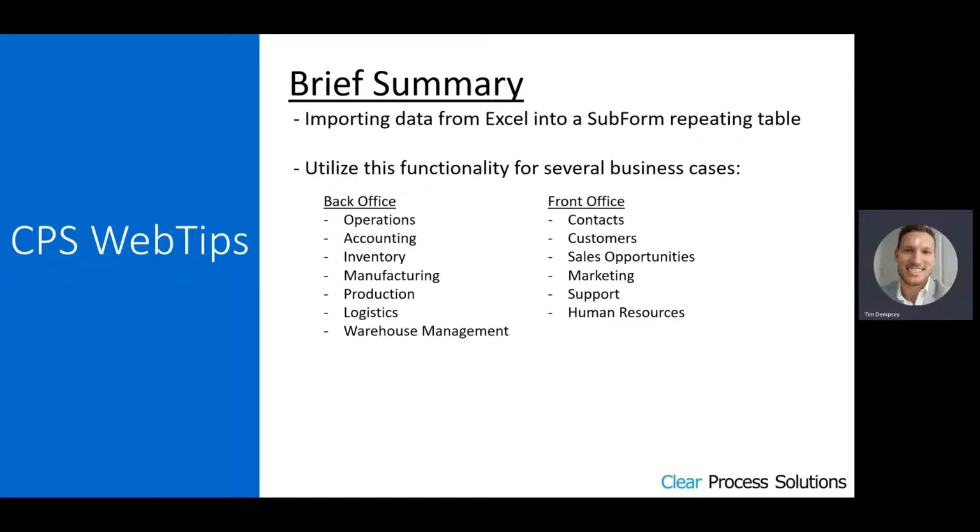There are numerous business cases that we can use this for, from the back office, from any departments to operations, manufacturing, logistics, from the front office, from contacts, marketing, sales opportunities. Really, anytime we're going to be working with data that could be changing or on the go, or that might be updating along the way when it gets to different business users.